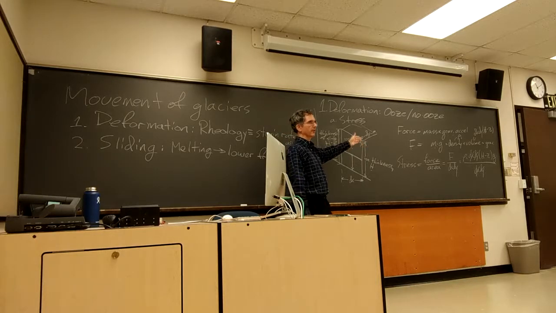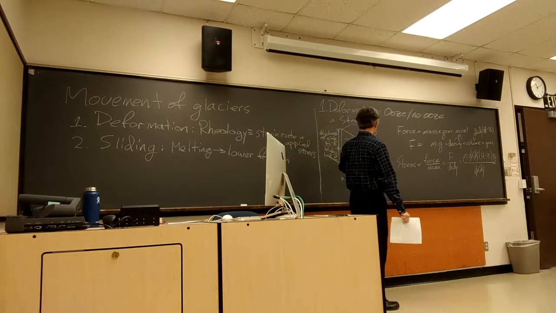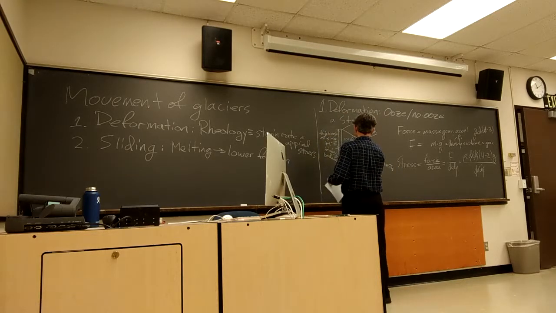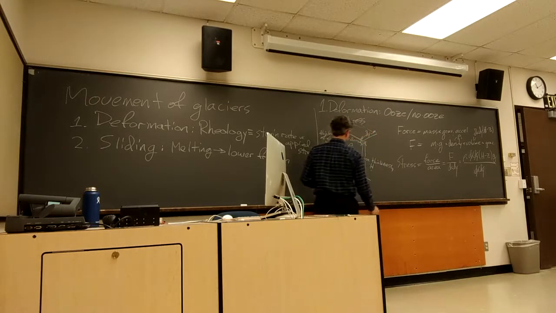I want to break this up into two components. First of all, I want to know the component of the stress that's tending to pull it downhill, parallel to the bed. That would be that component right there. That's going to be my shear stress.